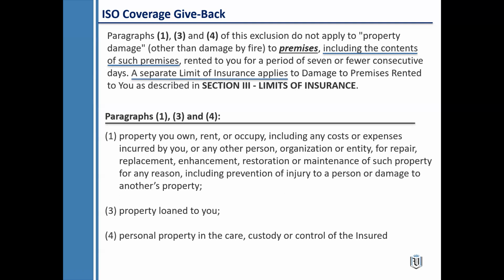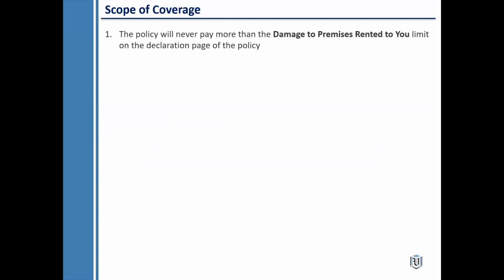So when we talk about the scope of coverage, the policy will never pay for more than the damage to rented premises limit, which is usually about $300,000. Sometimes we see it at $100,000. The policy is open peril for premises rented to you for 7 or fewer days.